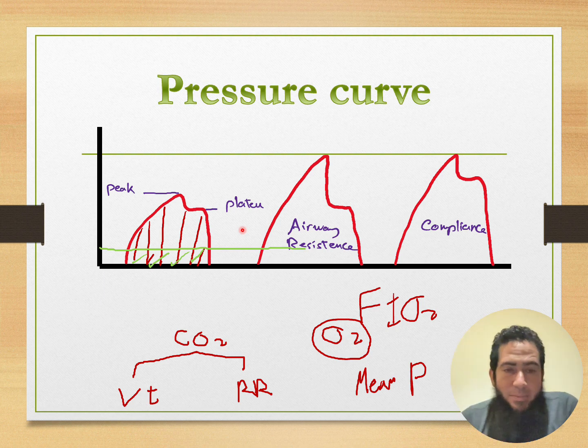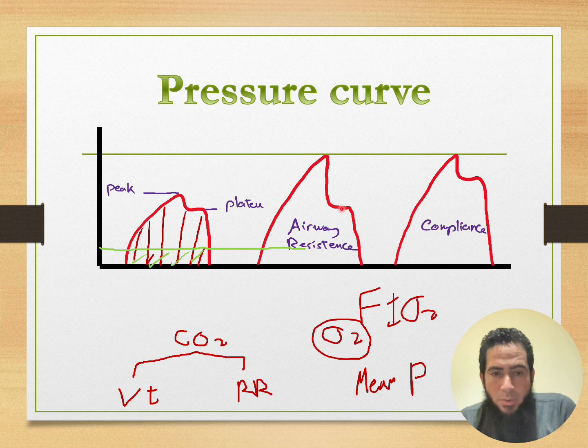Another thing is, if you added plateau on the pressure curve, you can always see the difference between the peak and the plateau pressures. Peak, which is the airway pressure, and the plateau pressure.